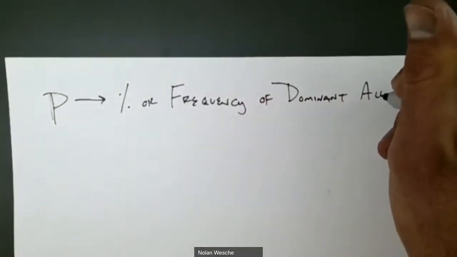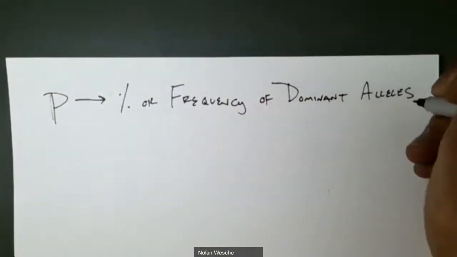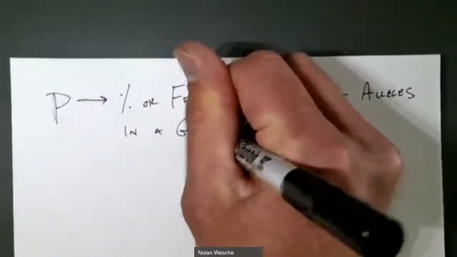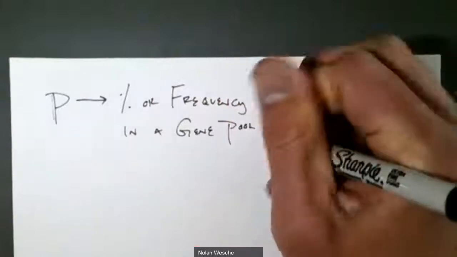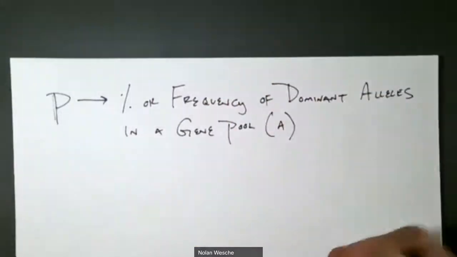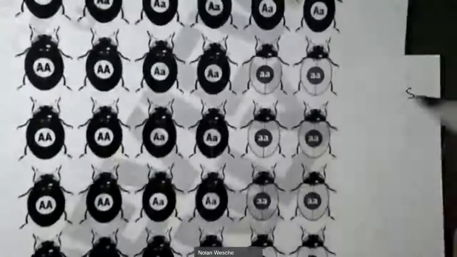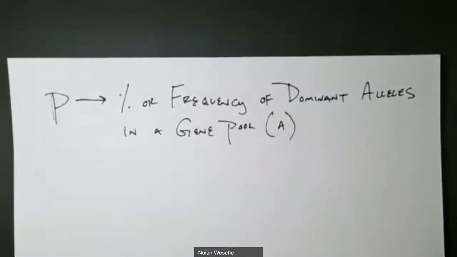So the big A in this case in a gene pool. Right, so the capital A, so that would be the total percentage of big A's on the page.